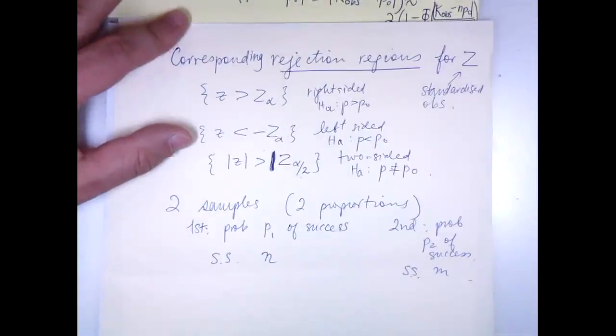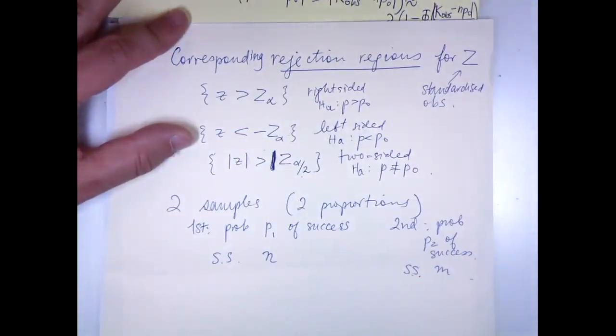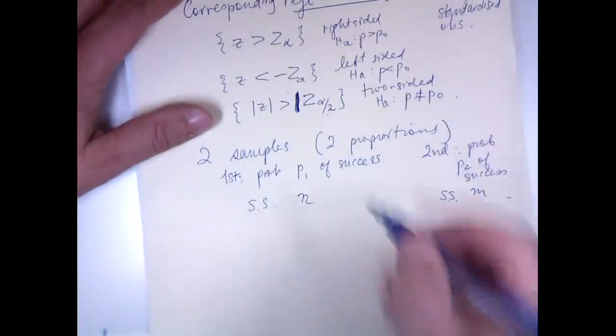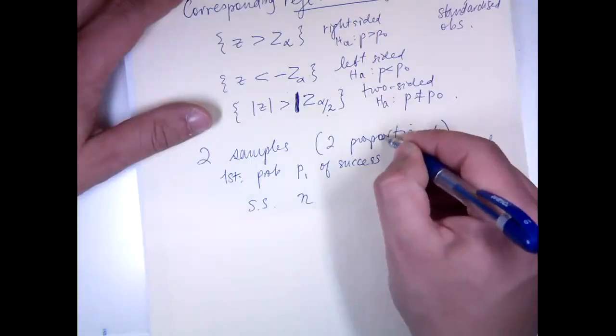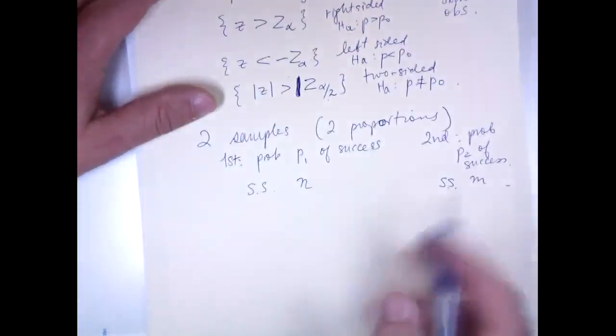I'm going to assume we've done quite a lot about one-sided versus two-sided, so in all the subsequent tests you can do one-sided versus two-sided on your own. We're going to focus on just the two-sided, I'll always write down the two-sided, but you can do the one-sided.